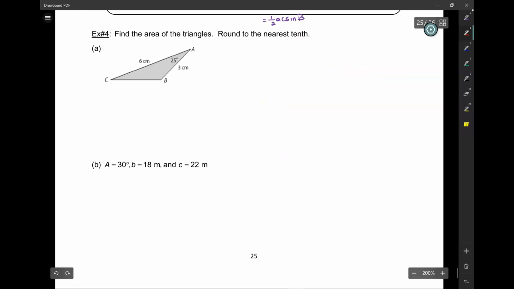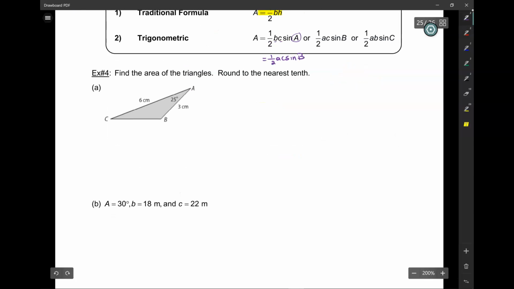Okay, let's find the area here. So area, look at what I'm given. This is side C. This is side B. So basically for this, you have to do half of two sides and the angle in the middle. So 3 centimeters times 6 centimeters times sine of 25.